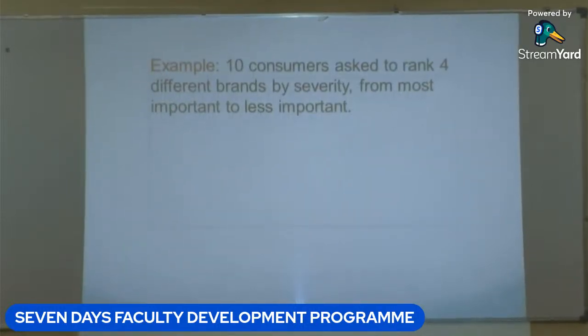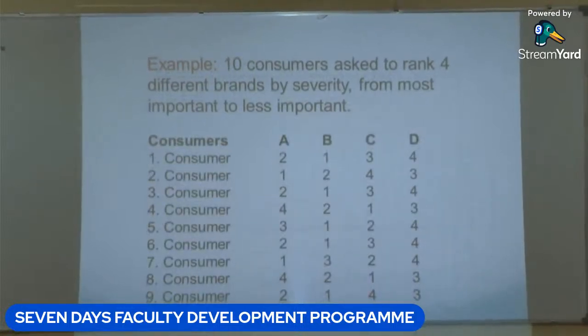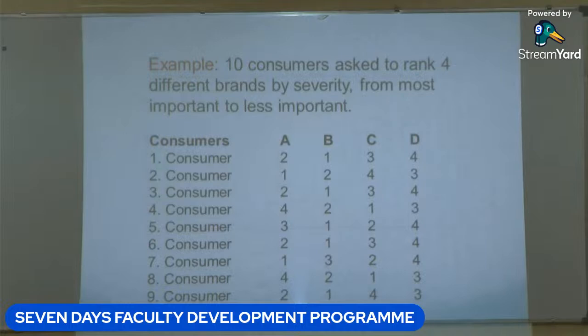One example is 10 consumers asked to rank 4 different brands from most important to less important. So there are 4 different brands, 10 consumers, and this is about their preferences.